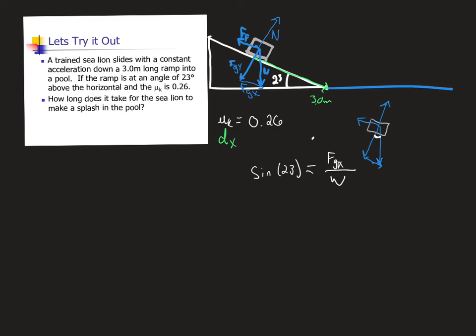Opposite over hypotenuse. Then the cosine of 23 is going to be equal to, I've got to put those two close.